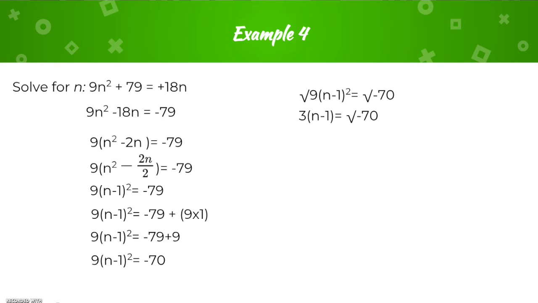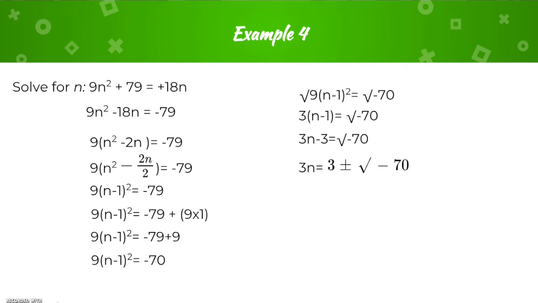But don't forget that you can't have a negative square root, so we're going to use imaginary numbers. First of all, you need to add 3 to both sides of the equation, so you can stay with 3n. We're going to end up having this: 3n equals 3 plus or minus square root of negative 70.